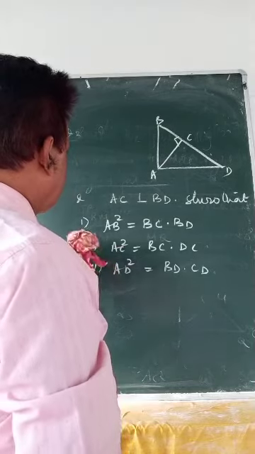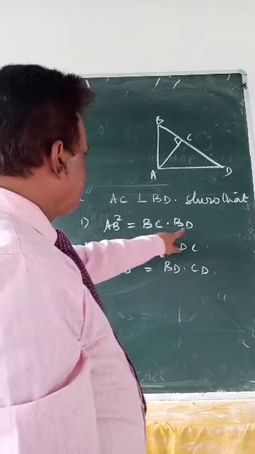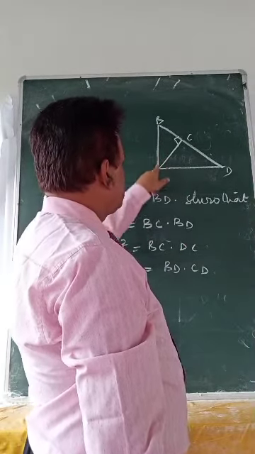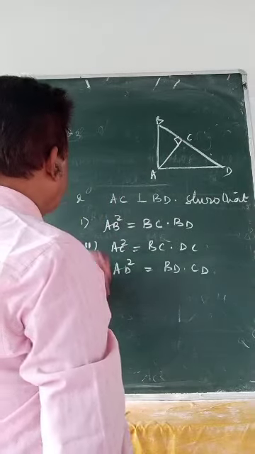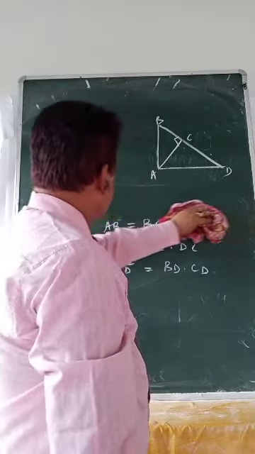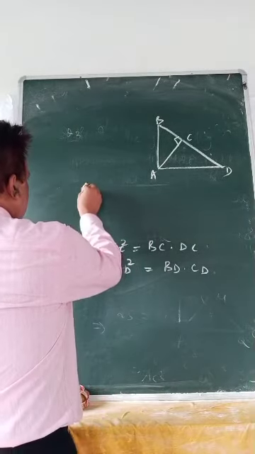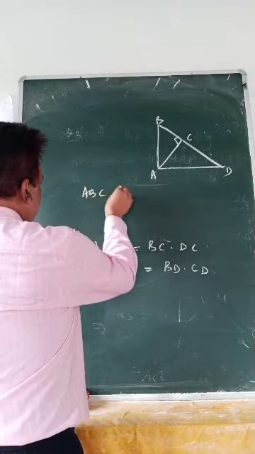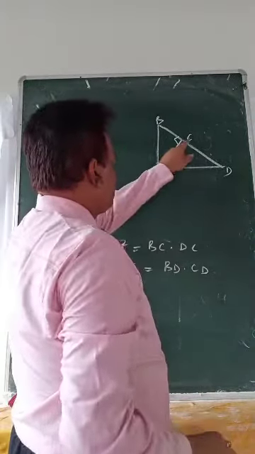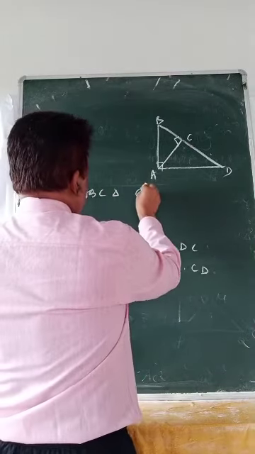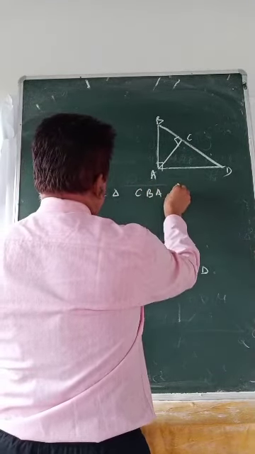Now, how to find? Look, ABC triangle, A angle 90 degree, take C angle, C, B, A triangle.